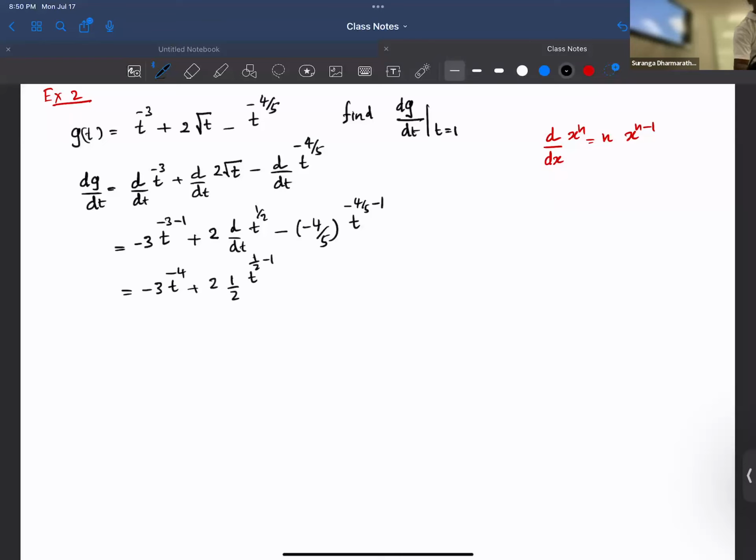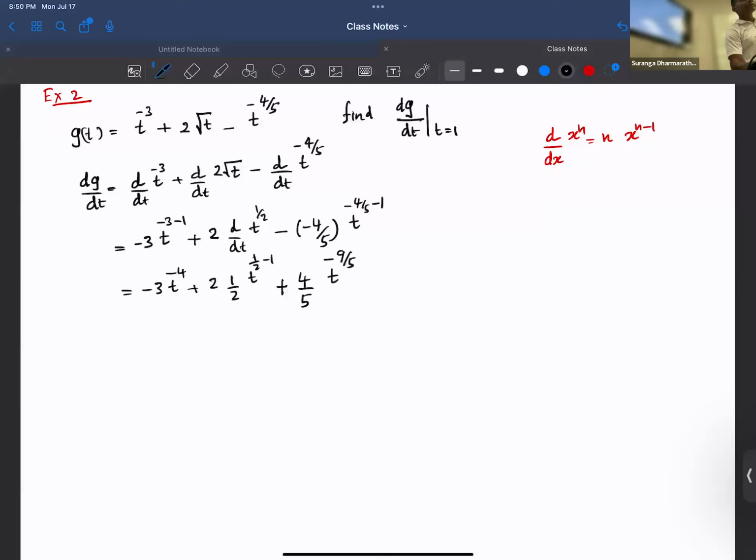Okay. Minus negative, so you have a negative value here. What we can do is multiply the negatives and it becomes positive. So I have positive 4/5, and this is t to the power what? 1 is 5/5, so -4/5 minus 5/5 is -9/5.